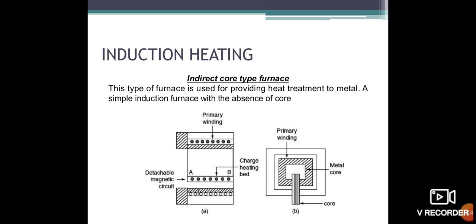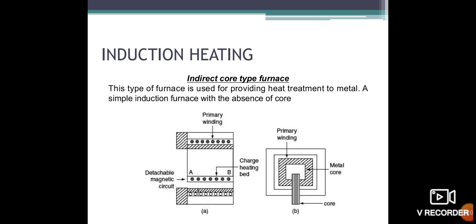Due to the skin effect, the primary winding gets heated up, so to keep the coil temperature within limits, these coils are made hollow or water is circulated through them. The heat in the charge is produced by eddy currents flowing concentrically.